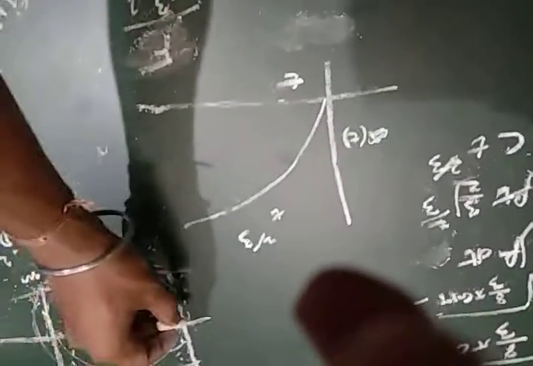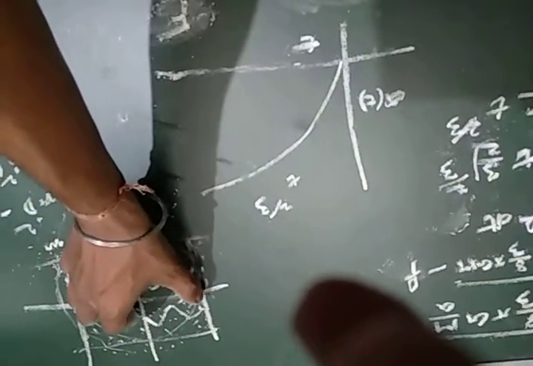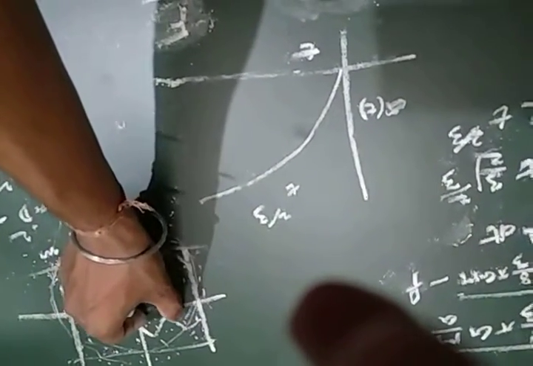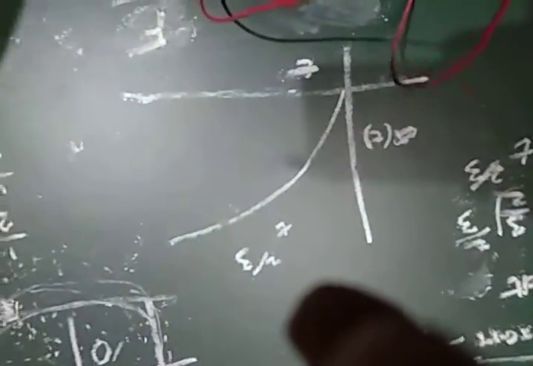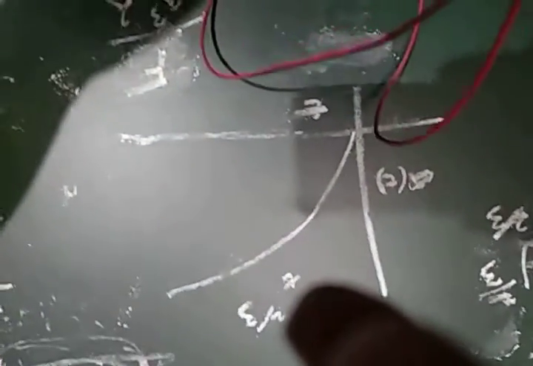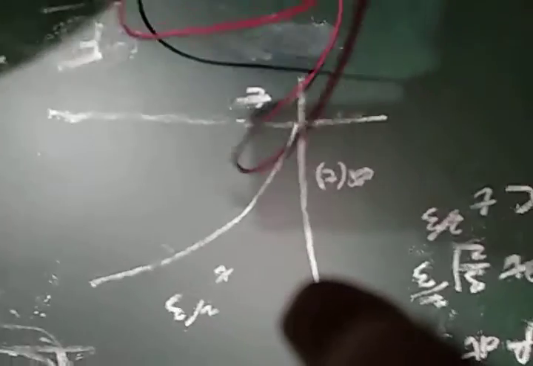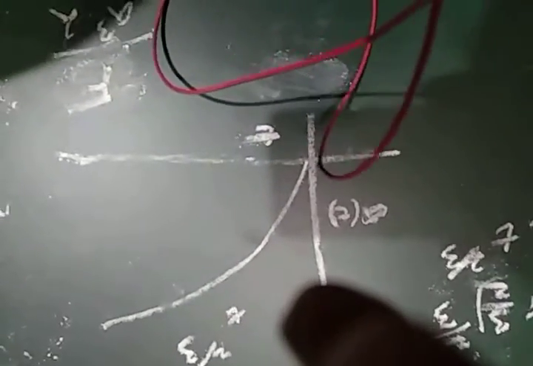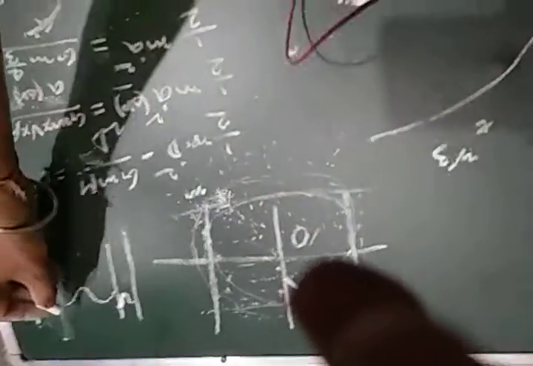If the expansion scale is trimmed down from here up to here, then this thing will come over here and will be concentrated over here. If it is expanded, then it will go further, and if it is further expanded, then this will take shape.